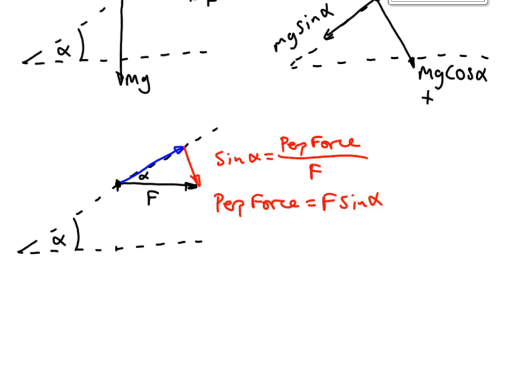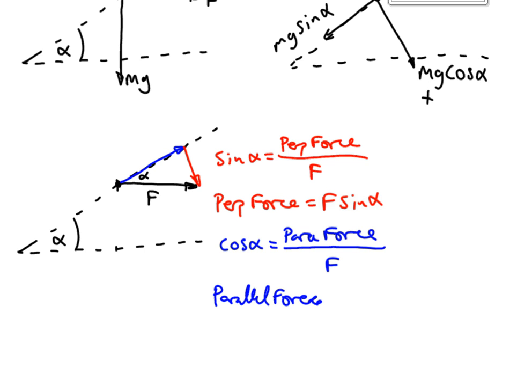We also know that cosine of the angle is going to be equal to the magnitude of the adjacent force. In this case, the force adjacent to the angle is the force parallel to the surface. So that's going to be parallel force, or para force, divided by the hypotenuse, in this case F. So in fact we can see that a parallel force is going to be F cos alpha.